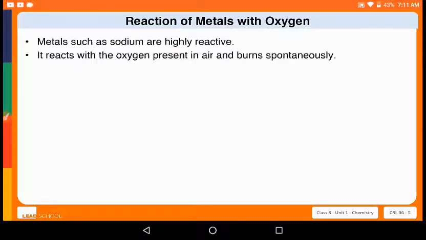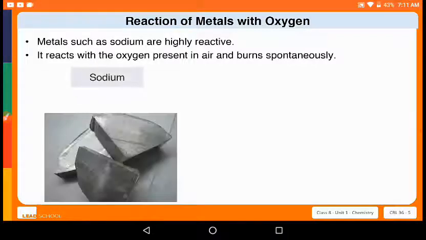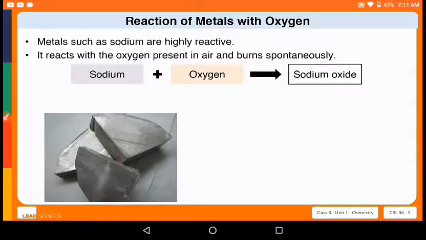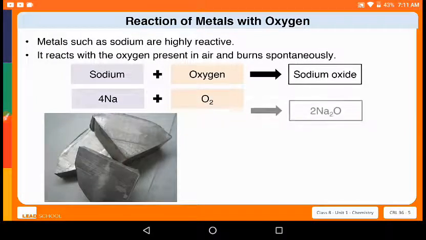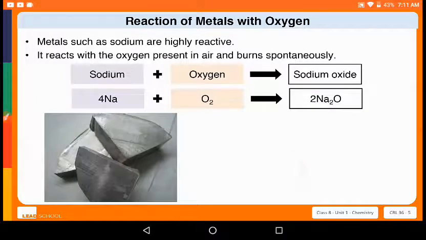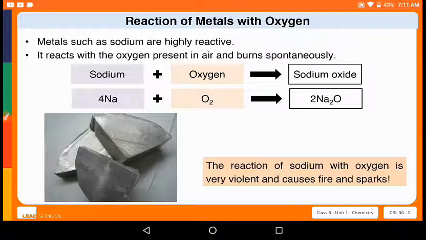Metals such as sodium are highly reactive. Sodium reacts with oxygen present in air and burns spontaneously. Sodium plus oxygen gives sodium oxide, or 4Na plus O2 gives 2Na2O. The reaction of sodium with oxygen is very violent and it causes fire and sparks.